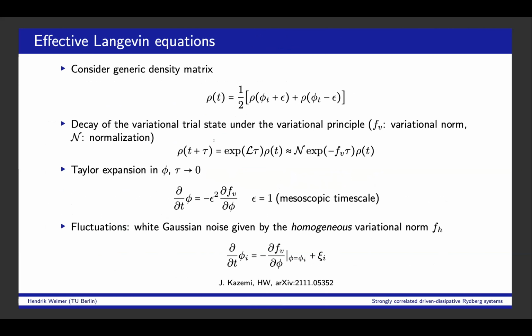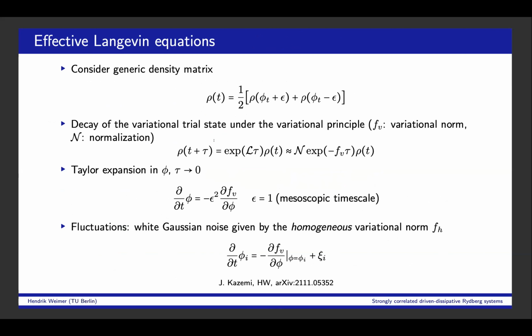Well, what you get here is some kind of mesoscopic time scale appearing. So basically, you get this effective Langevin equation, and it is valid on this mesoscopic time scale.